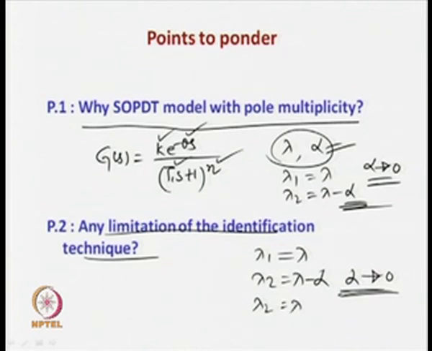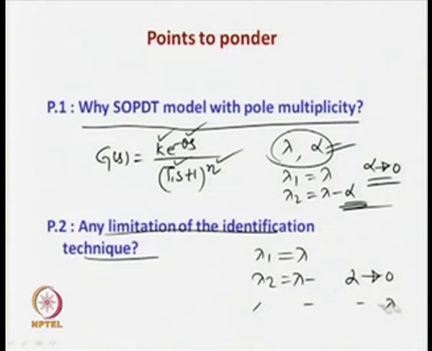It is always lambda 2 equal to lambda minus alpha. Do not substitute alpha by 0 and get lambda minus 0 equal to lambda, lambda 2 equal to lambda. If you use this, then you are not going to get the correct expression. So, care must be taken to apply the limiting theorems, small value and large value theorems, properly and accurately to rewrite the general expressions in appropriate form.